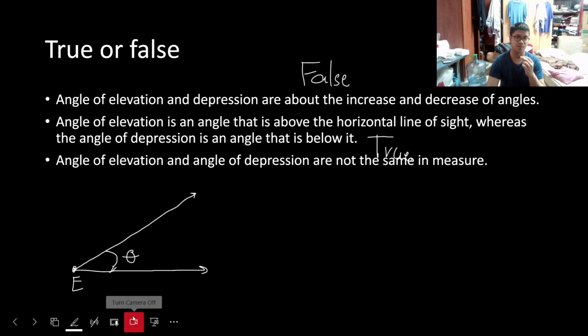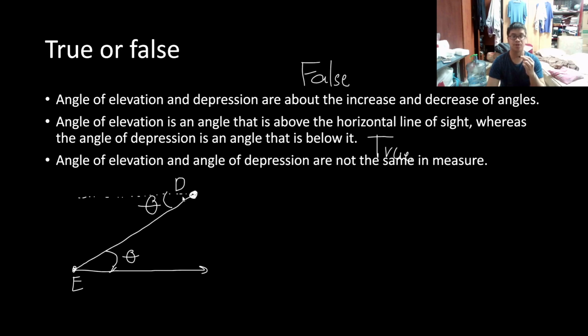The angle of depression would not be from here, but actually here. So suppose we have an imaginary line that is parallel to the horizontal line of sight, and we form an angle here. So this is your angle of depression.